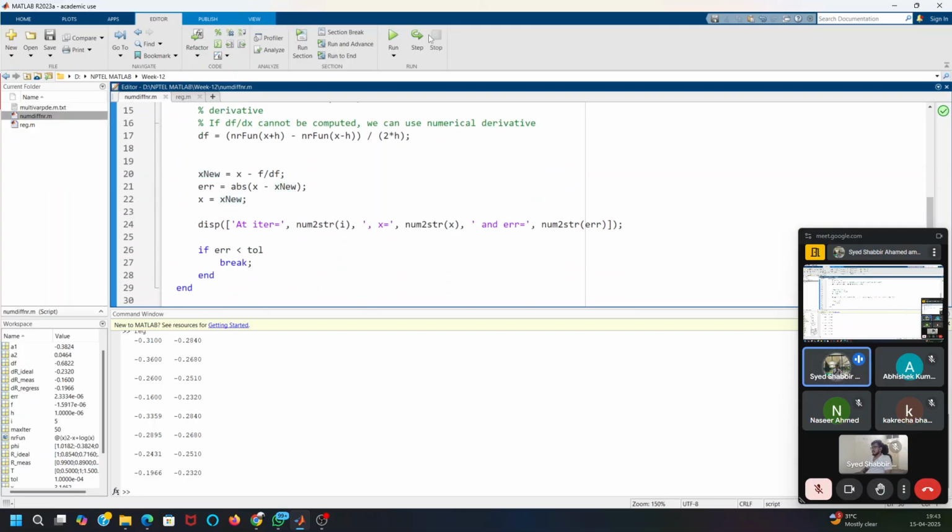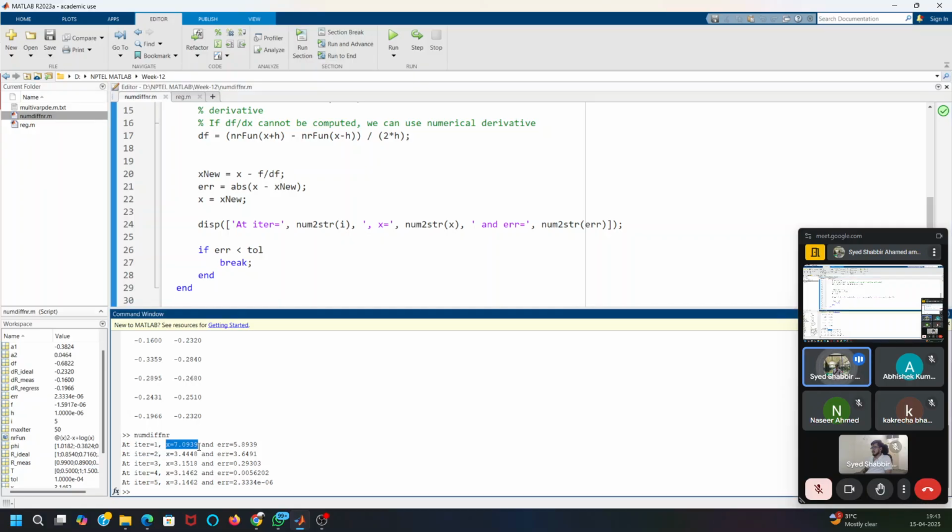Here, if we run this, we can see we are getting x equals 7.0939, and this error is large. Like we are getting a huge error. In the second iteration, we are getting a little less error, which is 3.6491.